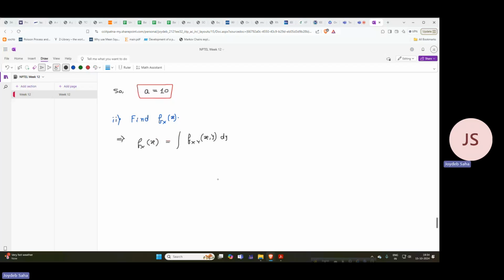Okay, and the y value will be y is equal to x to 1, for 0 less than x less than 1.